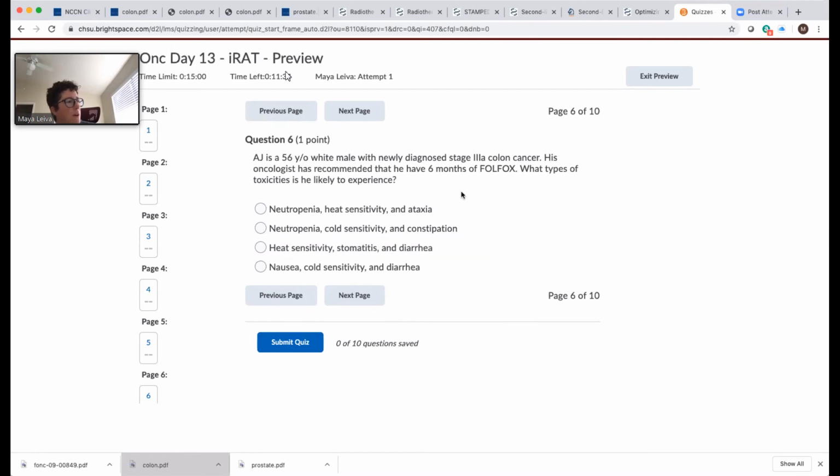And then when it comes to neutropenia, we do see a fair amount of neutropenia, febrile neutropenia with oxaliplatin. So it often is considered an intermediate risk because it can cause febrile neutropenia between 10 and 20%. So sometimes we will give patients growth factors.